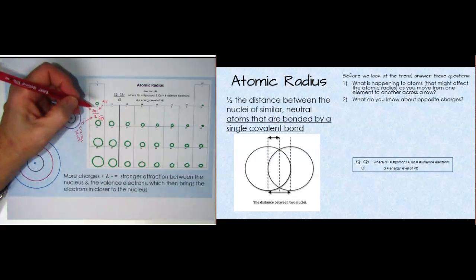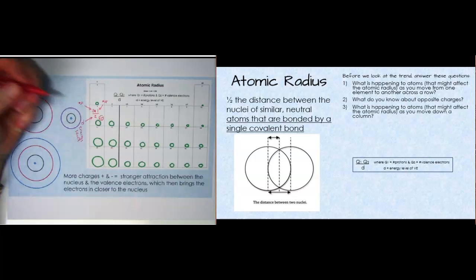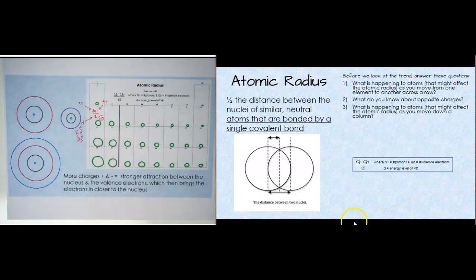And what this does is it talks about the charges and the strength of the charges. So if you go back over here to the slide, it asks what do we know about opposite charges? We know that opposite charges attract. That's the first thing we need to know to be able to understand atomic radius.